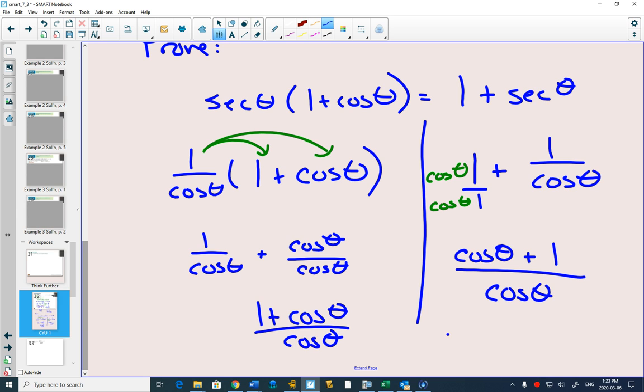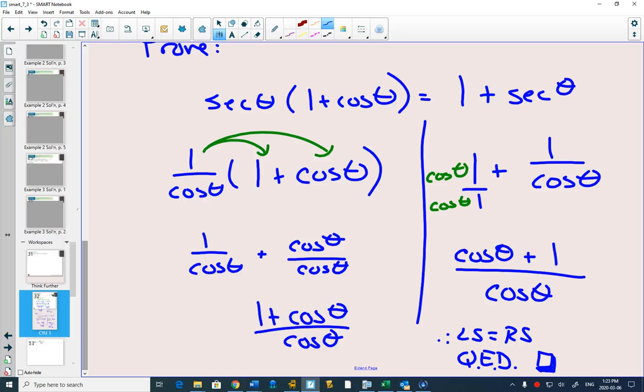And they're the same. There we go. Very nice. And you're done. We've proven it, and we made both sides the same.